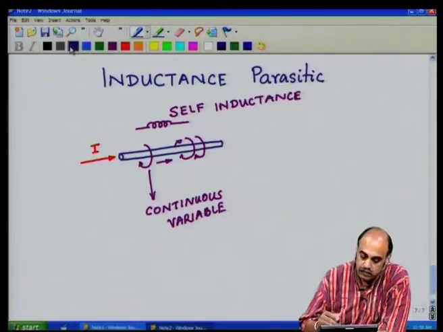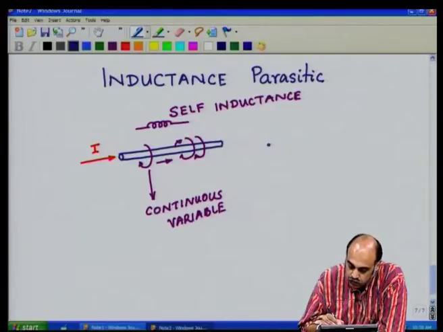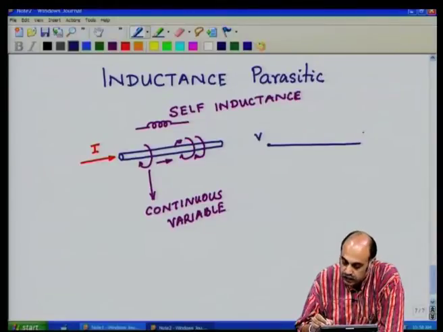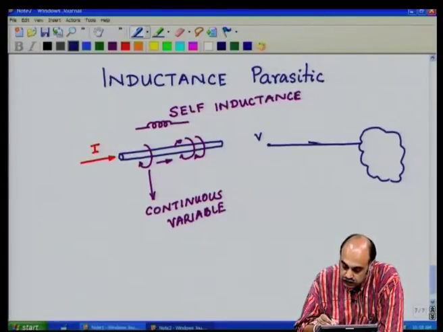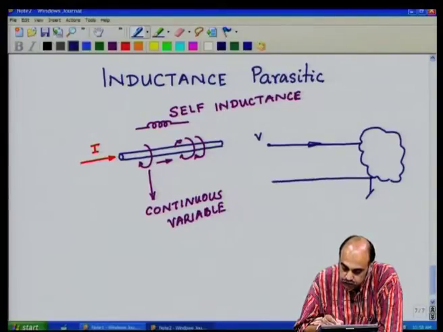Another problem that you would come across is when, let us say, you have a circuit at a positive potential V, and some circuit which does some job. There is a current which flows in here and then there is a ground, and this ground is coming through the tracks to some point here, to the connectors.